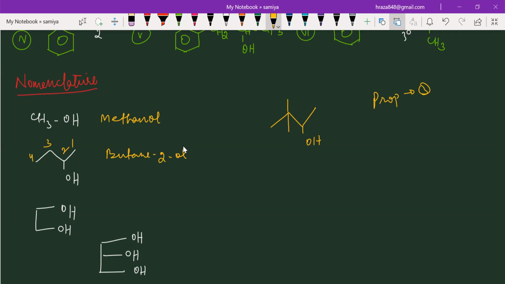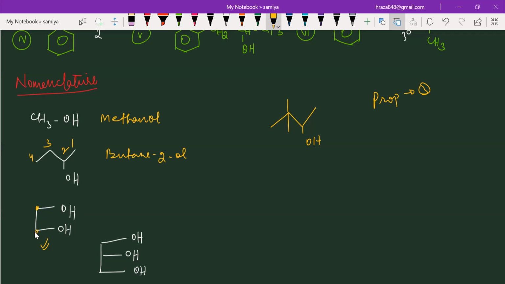Okay. The next part. 1,4-butanol, is it? Does this compound have 4 carbons or 2 carbons?